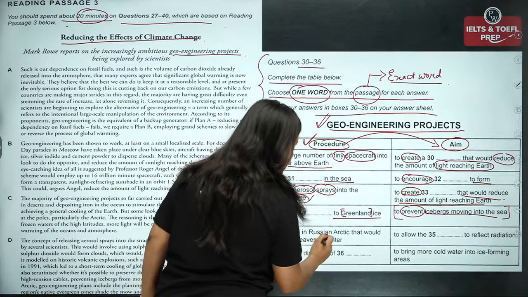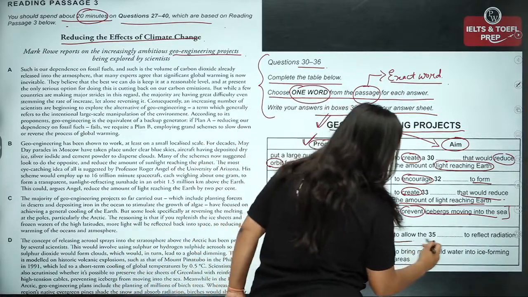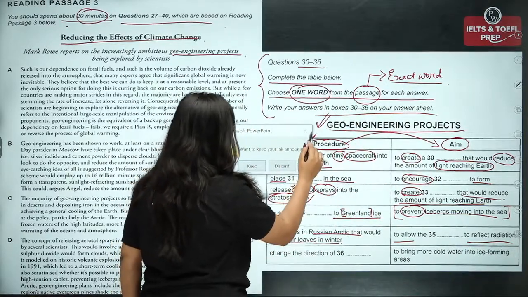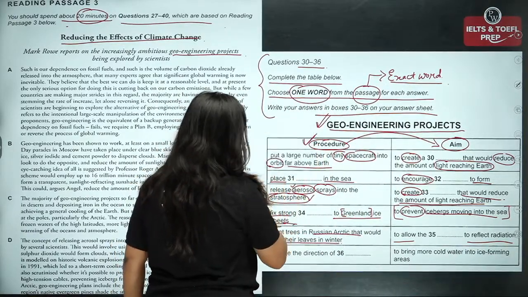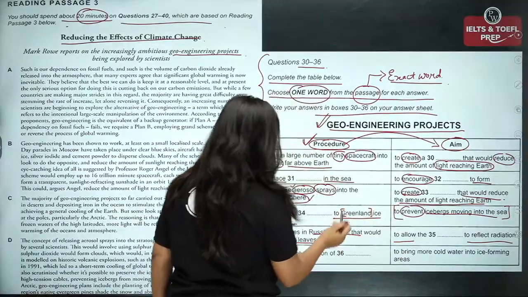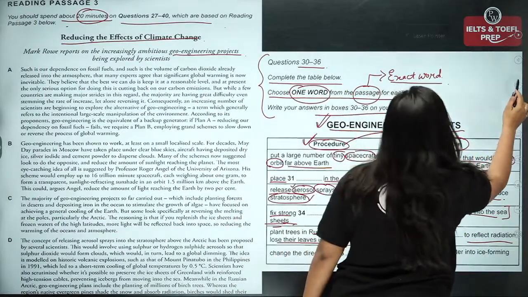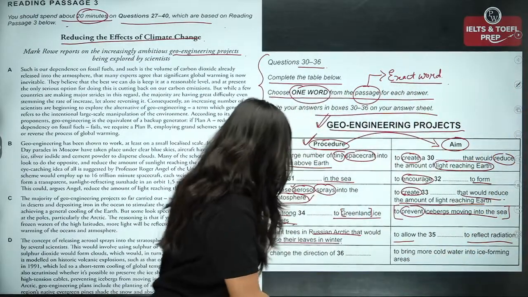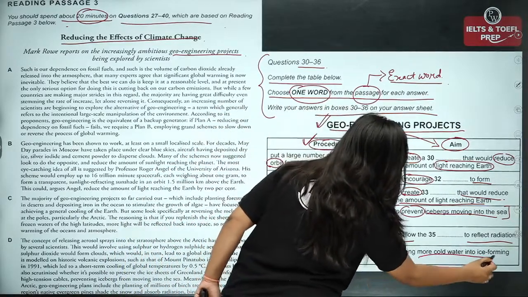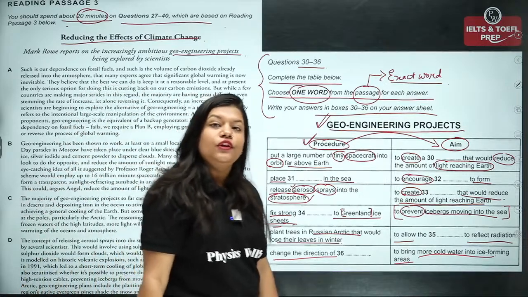Plant trees in Russian Arctic that would lose their leaves in winter, to allow the dash to reflect radiation. Okay, change. Change the direction of something to bring more cold water into the ice forming area. Got it? So this is how you're going to read the question.